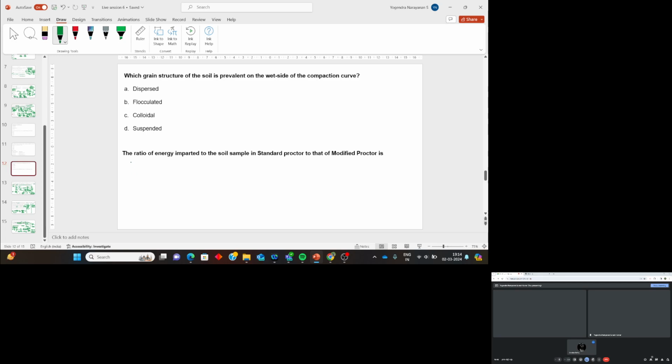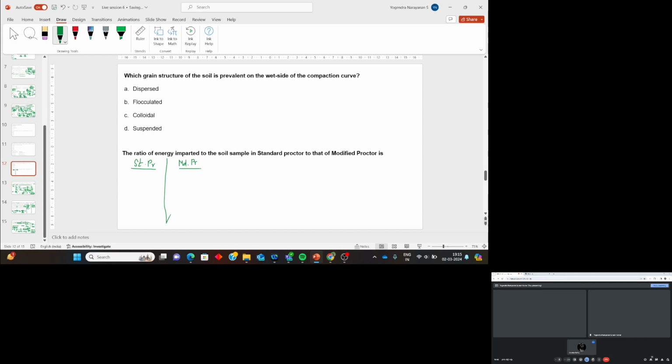Let me give those specifications for standard Proctor and modified Proctor. You can also note this down because it is an IS code.